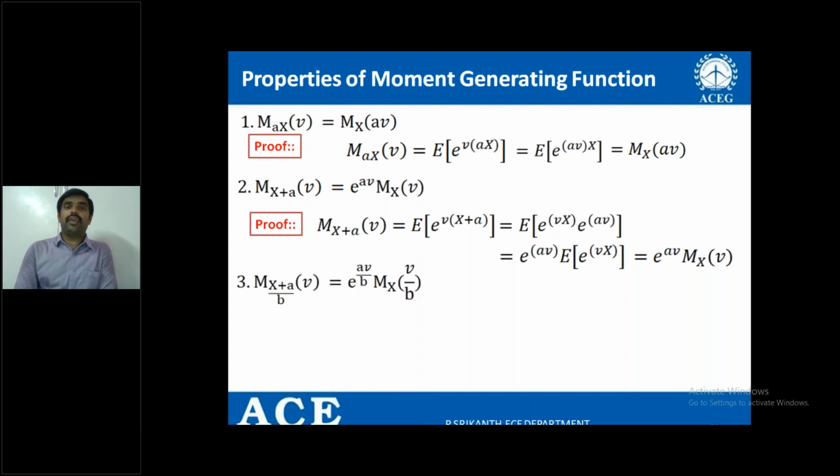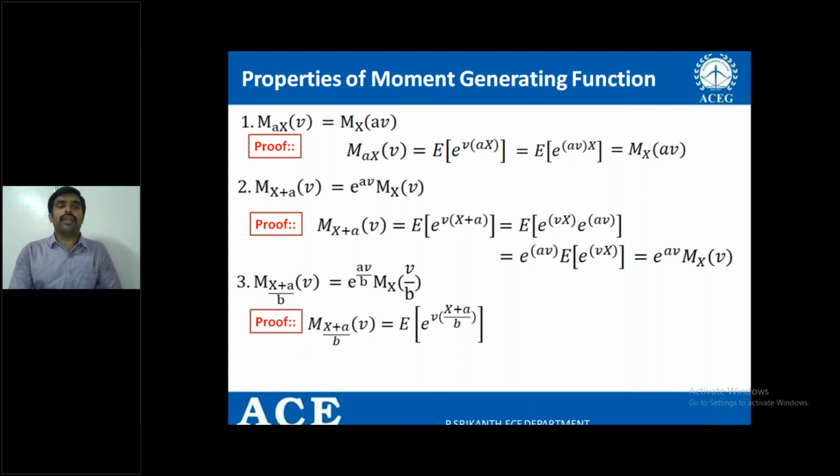The third property is m of x plus a by b. That is, if the random variable is divided by a constant, you can write the moment generating function as e power av by b into mx of v by b. It is also very easy to prove. In the place of x, we have x plus a by b, right? So the expectation of e power v into x plus a by b. Now it is nothing but the expectation of e power v into x by b into e power v into a by b, right?